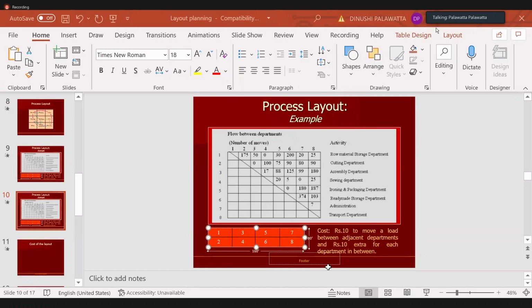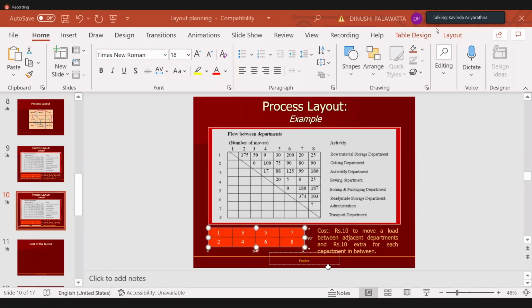And then 2 to 3, 0. 2 to 4, 100. 2 to 5, 75. 2 to 6, 90. 2 to 7, 80. 2 to 8, 90.